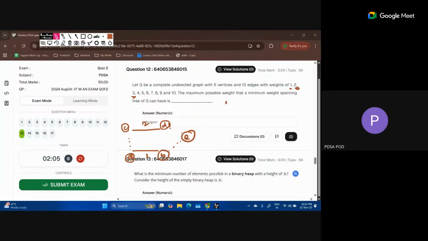So 1 plus 2 plus 3. Then what? Can we ignore 4? 4 can be ignored, right? We can have from here to here, or from here to here. So only one more vertex you have to connect to this tree that you have already gotten.